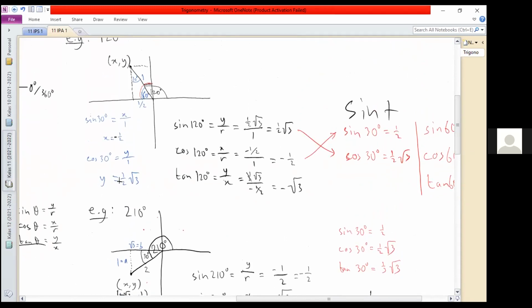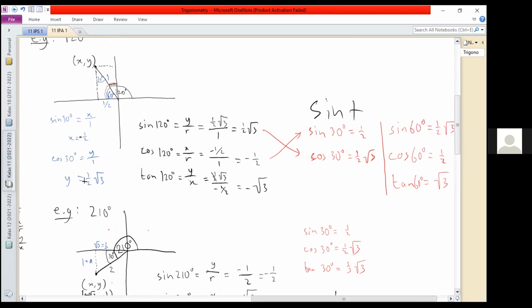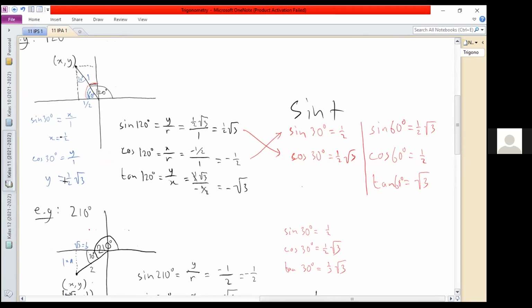Again, we can use both 60 degrees and 30 degrees to determine the value of sine, cosine, and tangent of 120 degrees. If we choose 60 degrees, we will have the same values, only different signs.